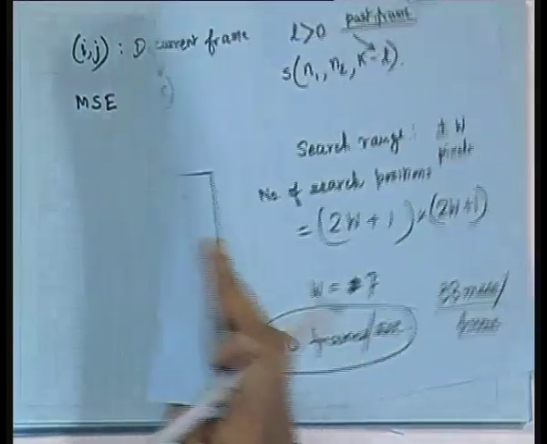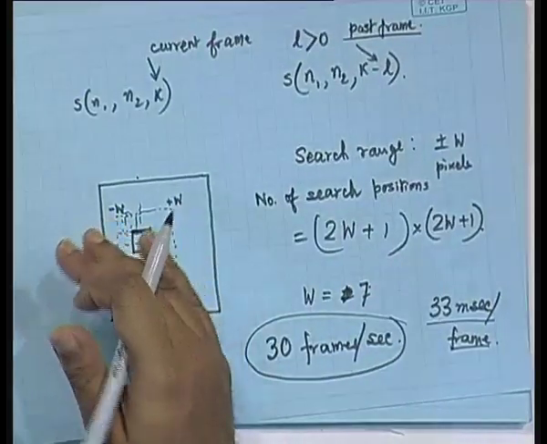So, we have a current displacement that is applied. If i and j are both 0, that means we are searching only at the center position. If I make i equal to plus 1 and j equal to 0, this means that I have only proceeded in the n1 direction by one step, and in the n2 direction I have not given any extra displacement.